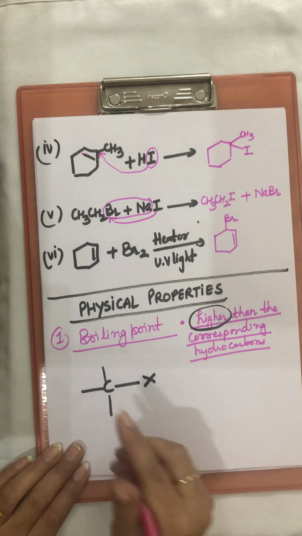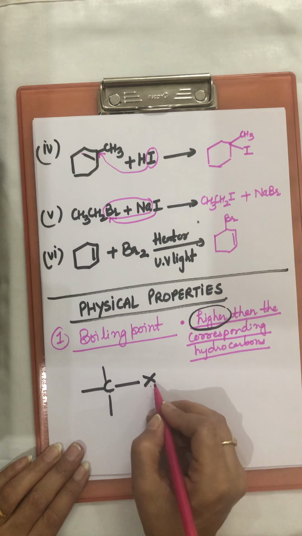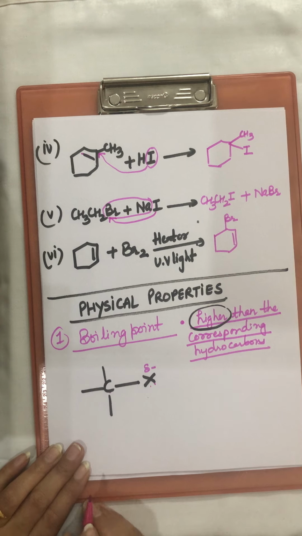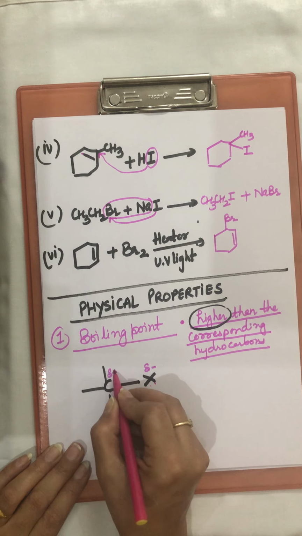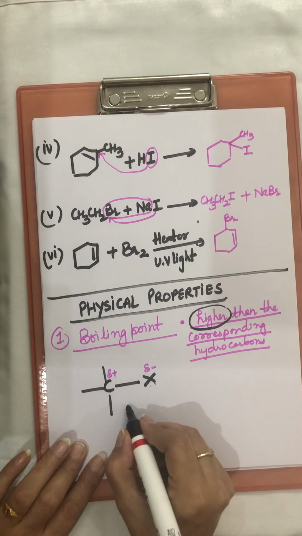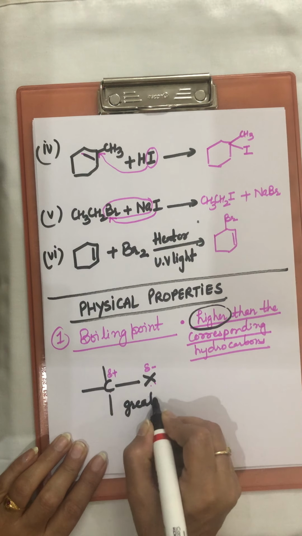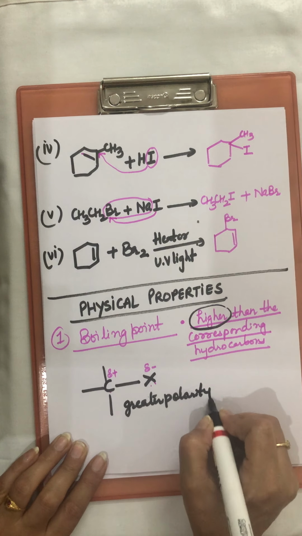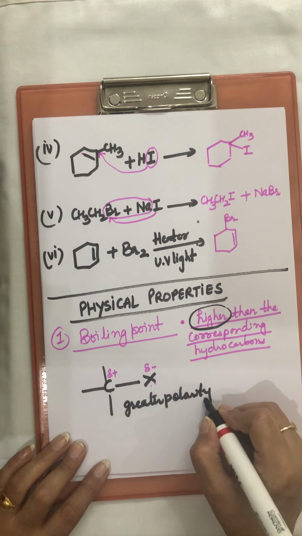This bond is polar in nature. Because the halogen is more electronegative, it will have a partial negative charge, and this carbon will have a partial positive charge.